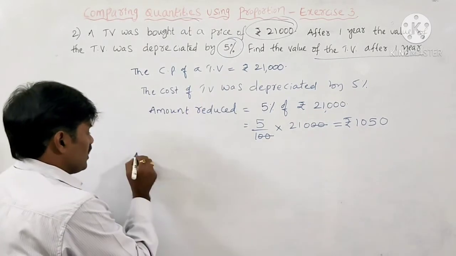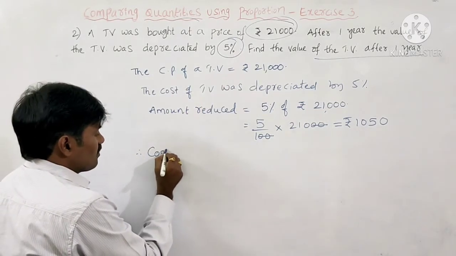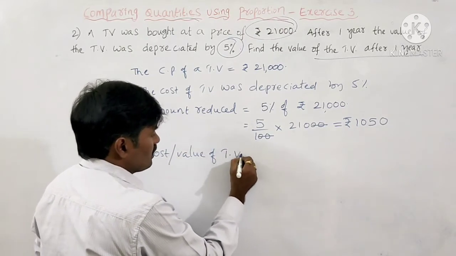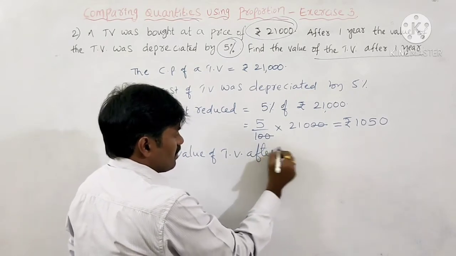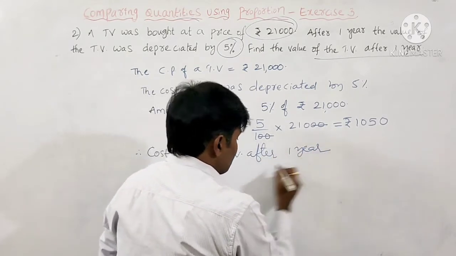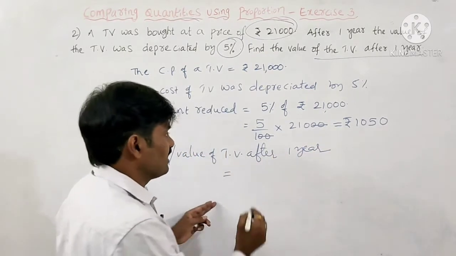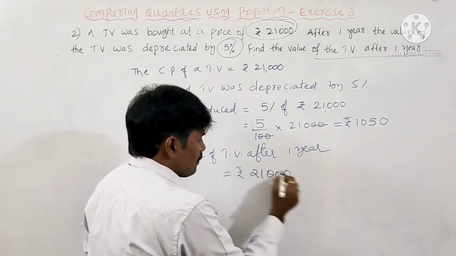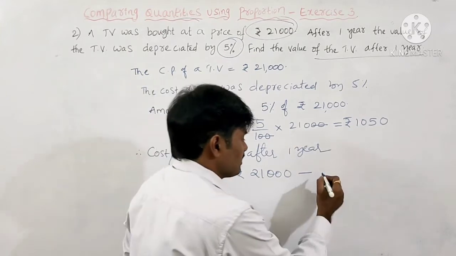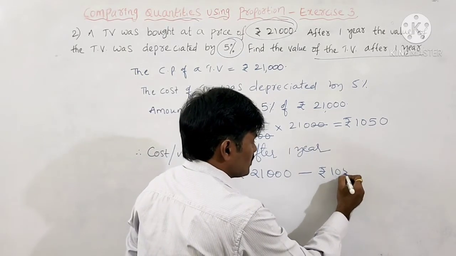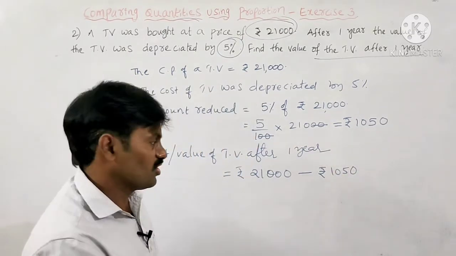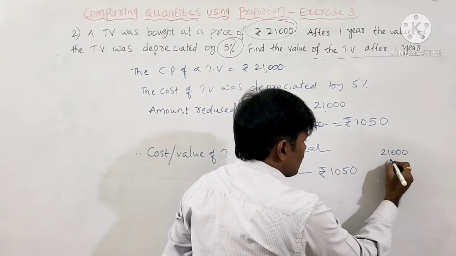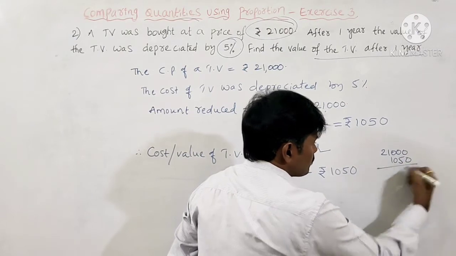Therefore, the cost or value of the TV after 1 year is equal to 21,000 rupees minus this depreciation amount, 1,050 rupees.